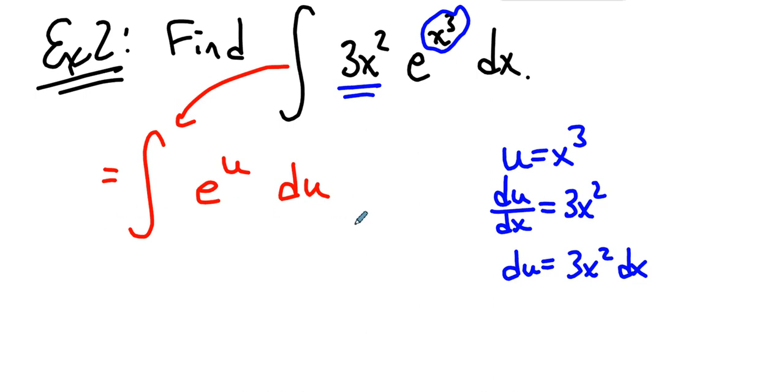So we can do this the way we did every other integral in the world. We need something whose derivative is e to the u. Well, the thing whose derivative is e to the u is e to the u.